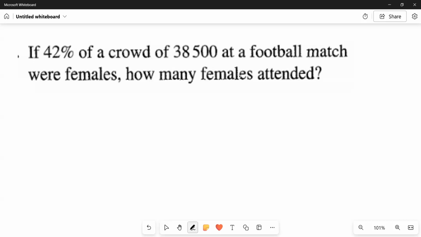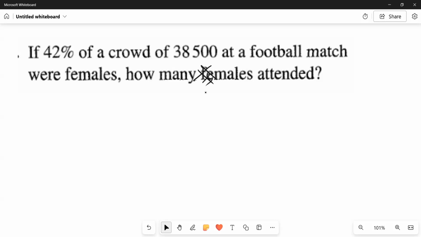They can even say, all right, let me change it to how many males attended. So 42% of the crowd were females. So how many were males? There are different ways you can do this. You can find out how many females were there and subtract it from 38,500.